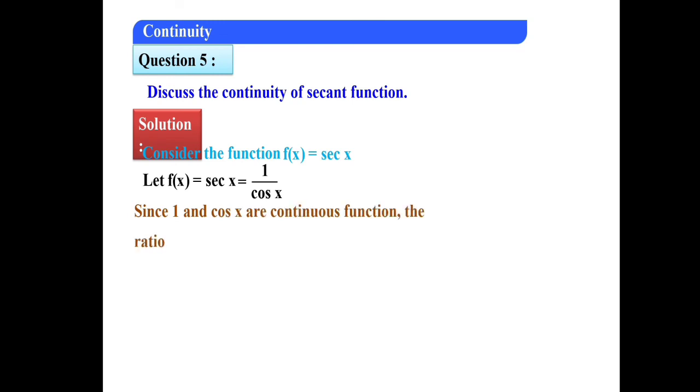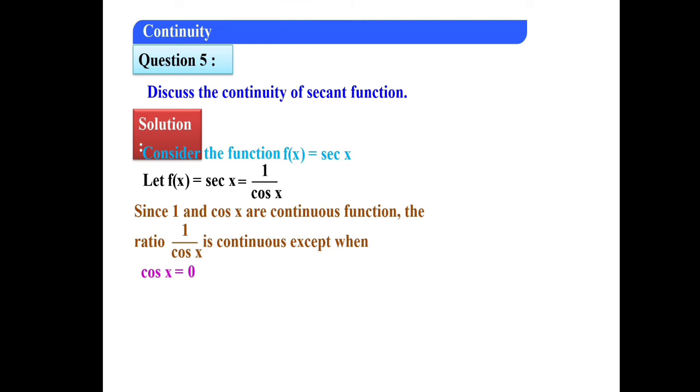As you know, every constant function is continuous, and cos x is also continuous. Using the property of the ratio, we can say 1 upon cos x is also continuous, except where the cos x function is 0.